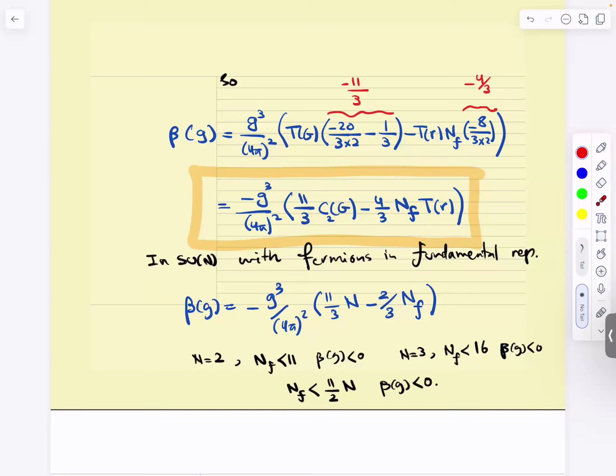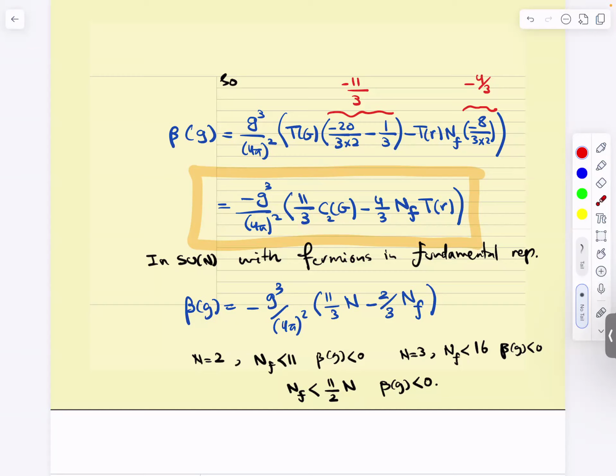And we said that in pure Yang-Mills, this term is absent. C2 of G in SU(N) is N. This is positive. Well, actually, in any representation, this is positive. Therefore, beta function is negative. Pure Yang-Mills as a theory in 4 dimensions exists. Beta functions are negative. The theory is so-called asymptotically free.